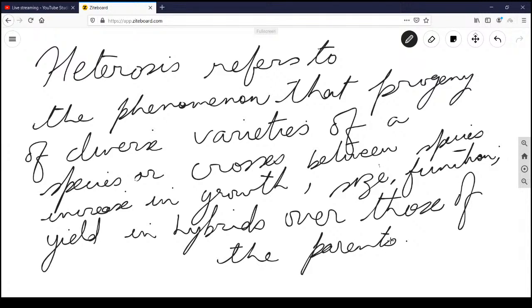So if this is true, this is known as heterosis.